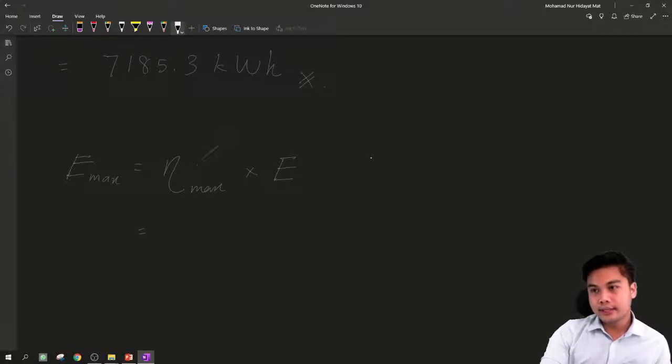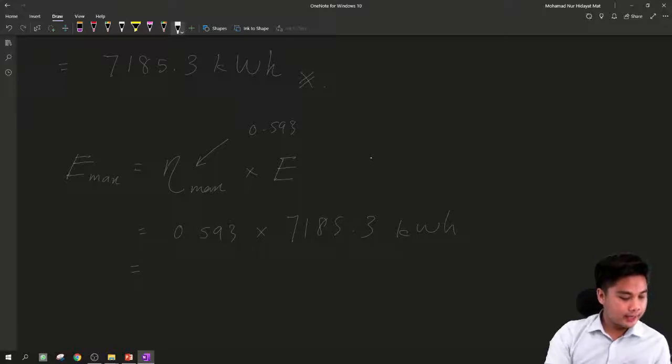So here again 0.593, this is fixed, 0.593 multiply with the available energy is 7185.3 kilowatt hour. Thus you will get here to be 4260.9 kilowatt hour.